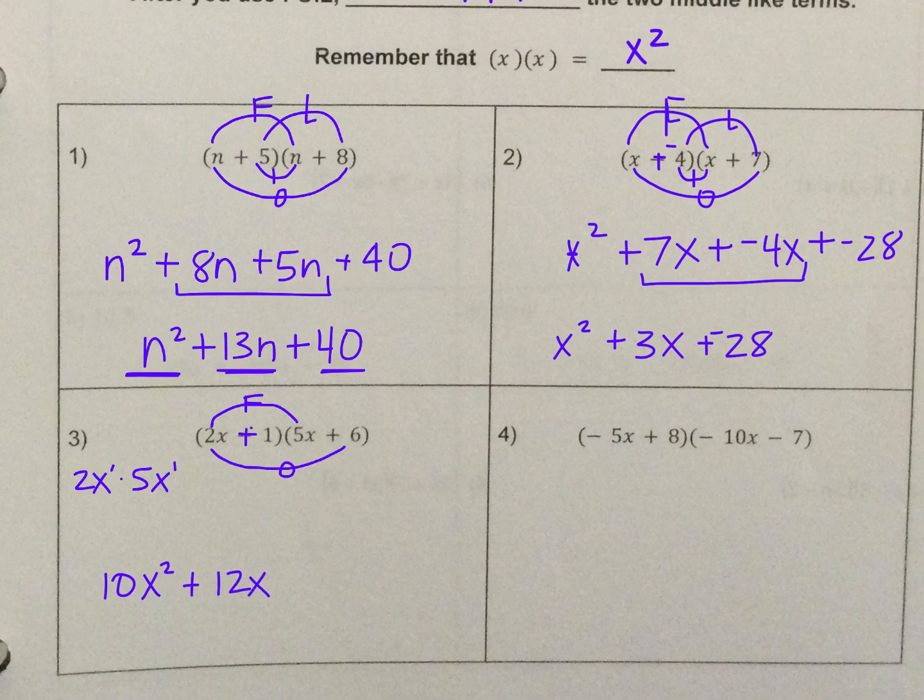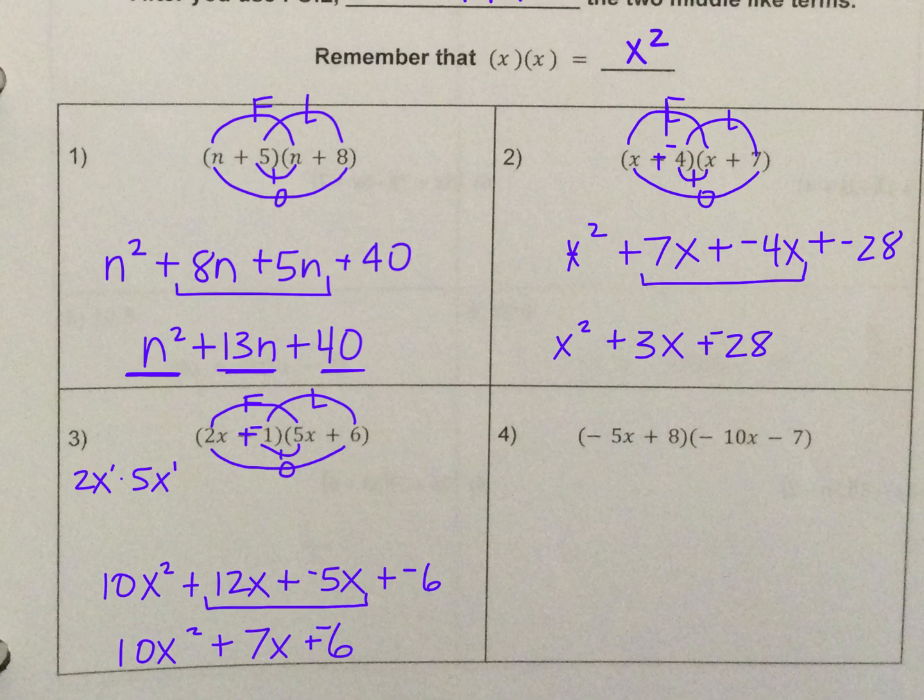Ooh, let's make this a plus negative to help us out. Inner, negative 1 times 5x is negative 5x. Last, negative 1 times 6 is negative 6. Old school baby math these. I end up with 10x squared plus 7x minus 6, or plus negative 6.